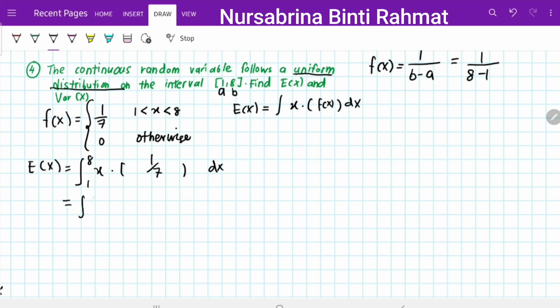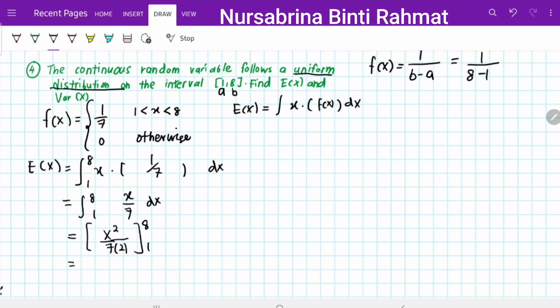So expand your x: the integral from 1 to 8 of x over 7 dx. Let's solve this. Integrating x over 7, it becomes x squared over 7 multiplied with 2, between 1 and 8.